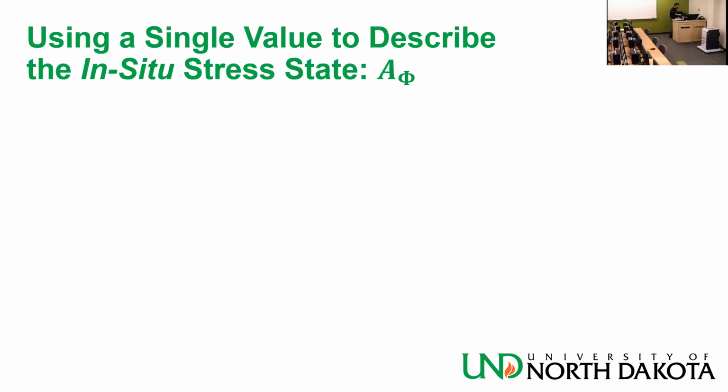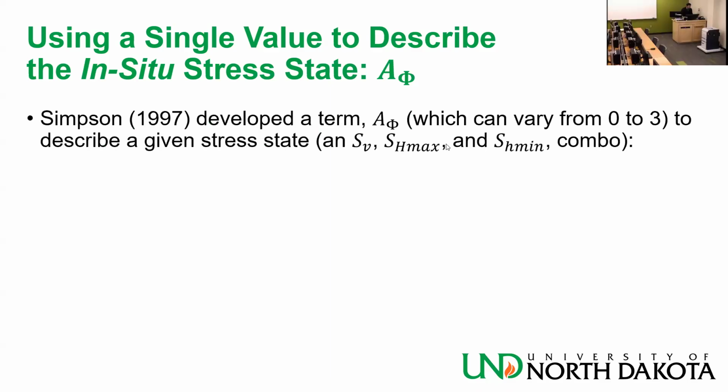How about we collapse all those three values into one? So instead of SV, SH max, SH min, three values, let me take those three values and make them one. Okay? And we will call this term A phi. Simpson, 1997, developed this term A phi, which varies from 0 to 3 to describe a given stress state using all the combination of the three values.